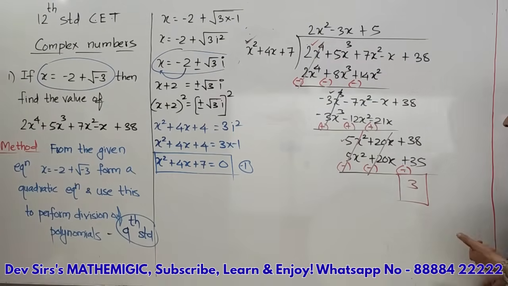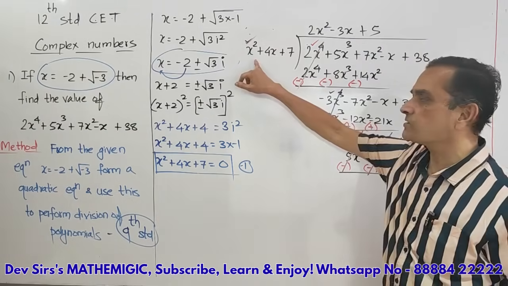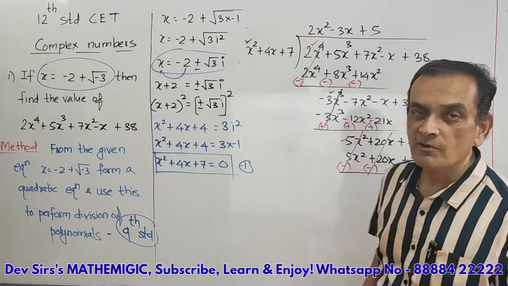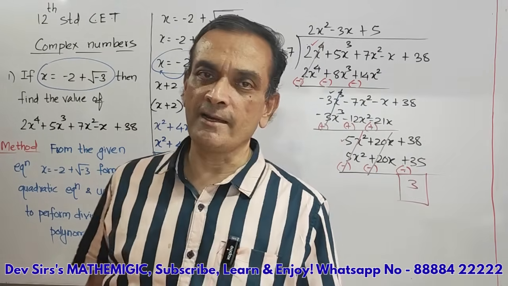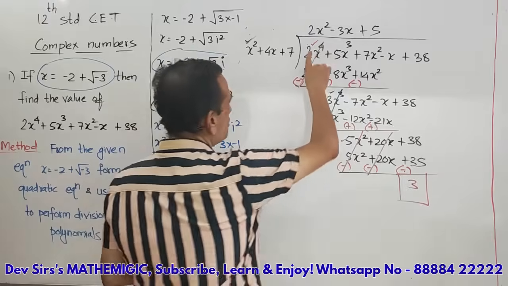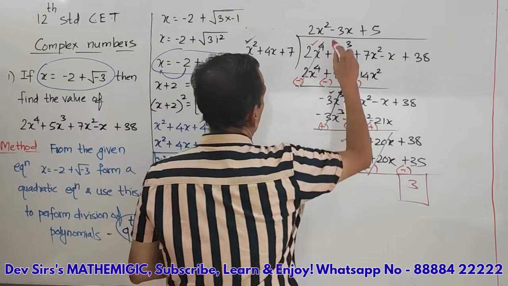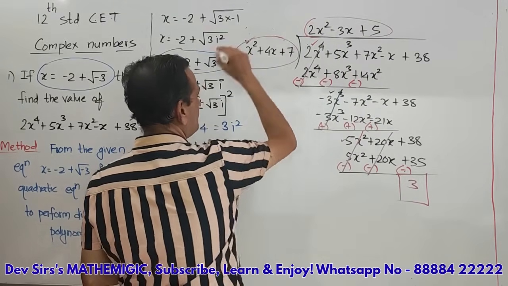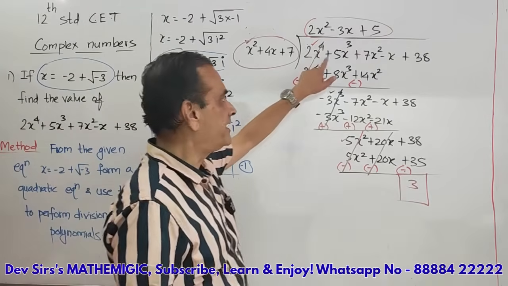We have reached the remainder because what is the degree of 3? Degree of any constant is 0. So degree of 3 is 0. Here the degree is x squared. So when this degree becomes smaller than this, you have reached the remainder. This is called the quotient, this is called the divisor, and this is called the dividend.